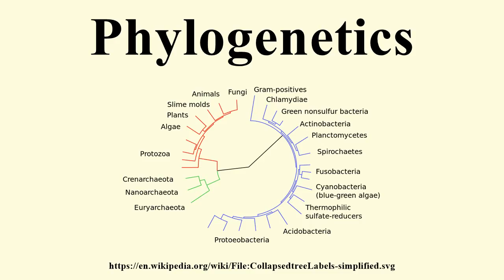ISBN 978-1-902937-33-5. OCLC 69,733,654. Baum, David A.; Smith, Stacey D. Tree Thinking: An Introduction to Phylogenetic Biology. Greenwood Village, CO: Roberts and Company.